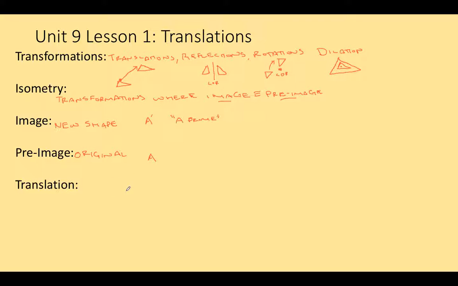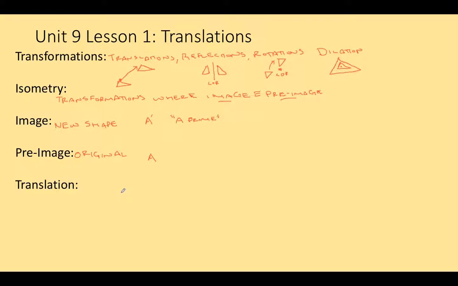All right, well, when it comes to translations, translations are the first of the transformations, and we've got some new notation that we're going to have to get used to, but ultimately it just still goes back to the fact that it's just a shift.